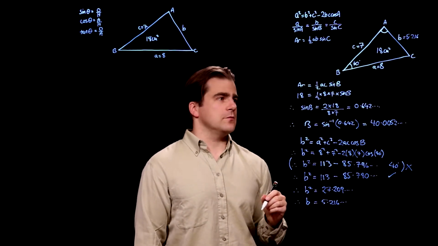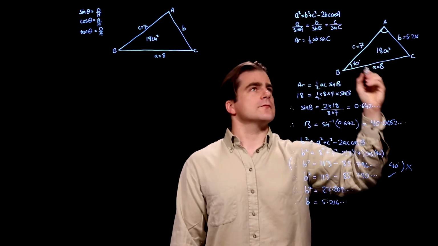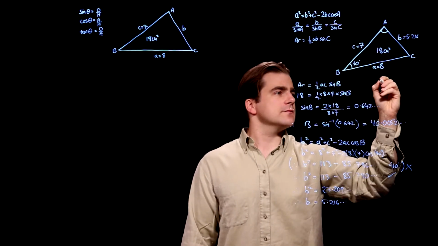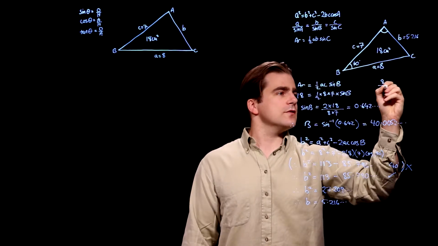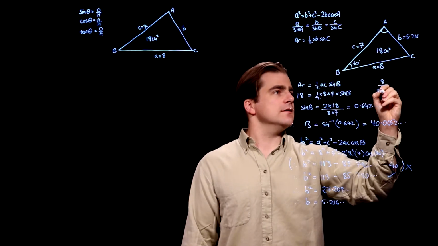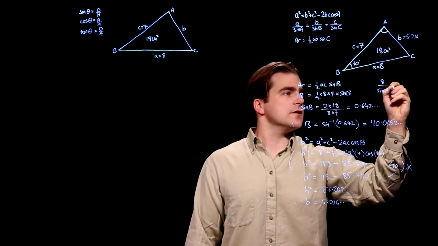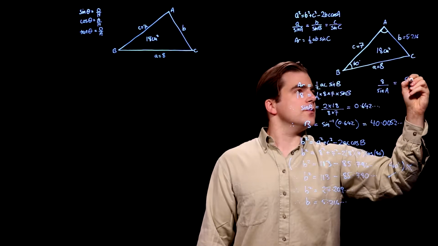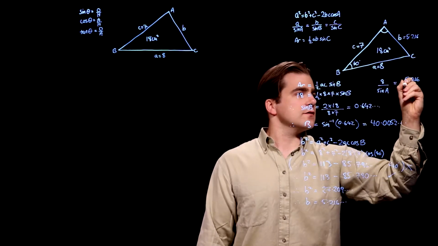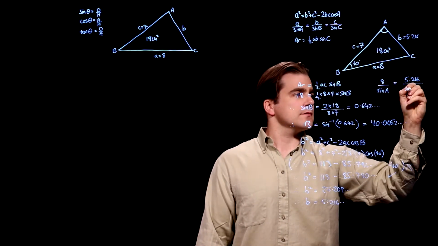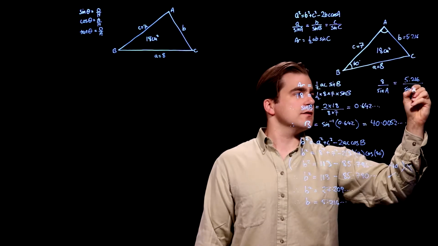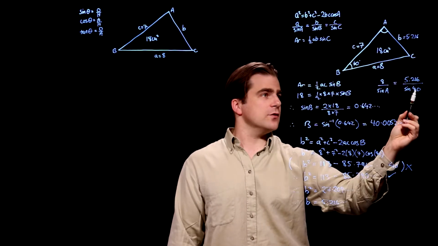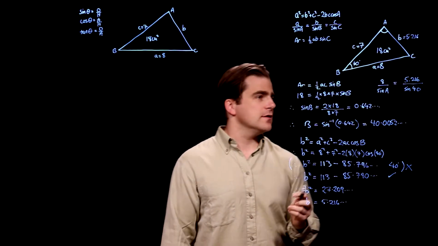A over sine A, 8 over sine A, the thing we want, is B, 5.216 over sine B, sine 40. So we're going to have to dig out the 5.216 and the 40 from your calculator's memory.